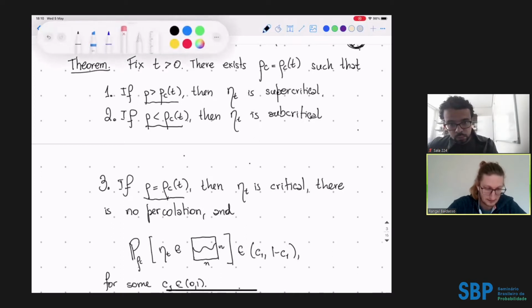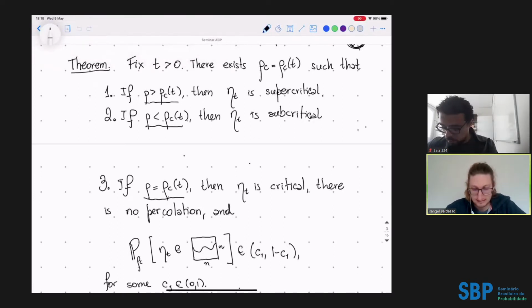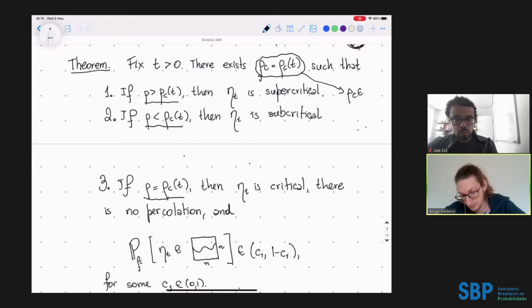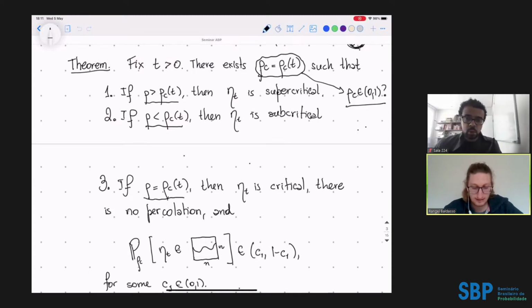Something we should mention here is that it is not clear that this rho c of t is not equal to 0 or 1. So one of the questions you need to ask is whether this is different from 0 and 1. This is true in the case of zero temperature Glauber dynamics, but it's not true in general, so it's something that we need to check.